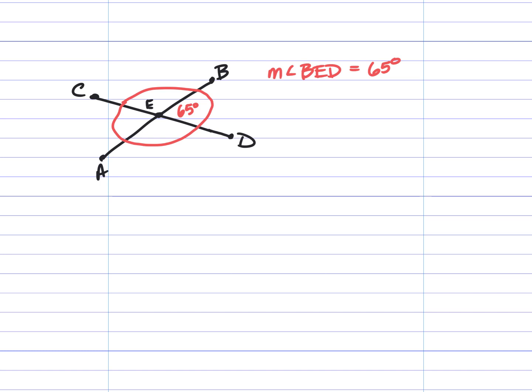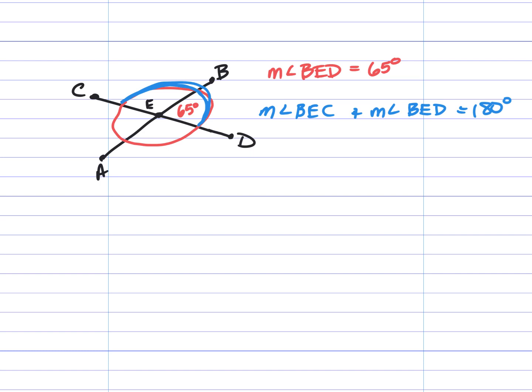So since the top part of my circle is formed by the measures of angles BEC and BED, then I know that these two angles are going to equal 180 degrees.